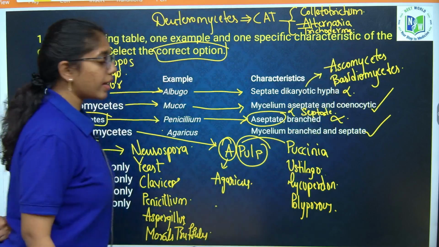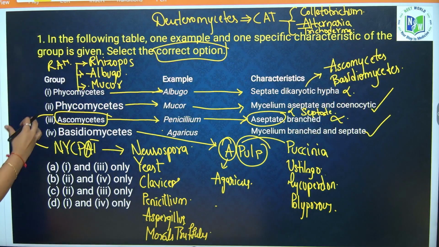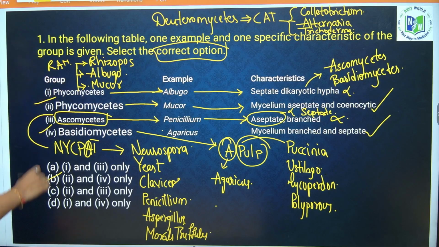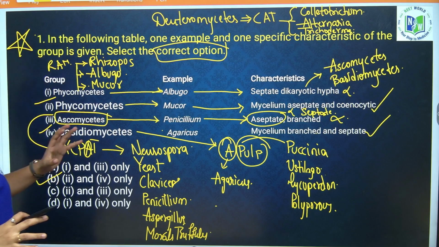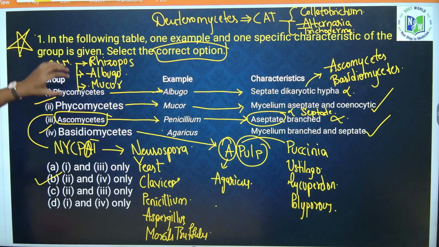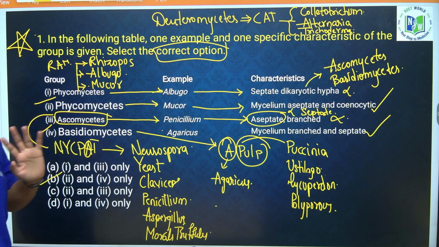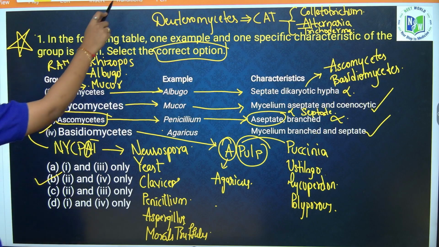If you want, you can take a screenshot of it, beta. Now you tell me what is the correct option. 2 and 4. So it is option B. You have to remember all the examples of the 4 classes, which are very important from fungi. With these mnemonics you can remember. If you have any better mnemonics than this, you can also follow that. Clear, beta? Next.